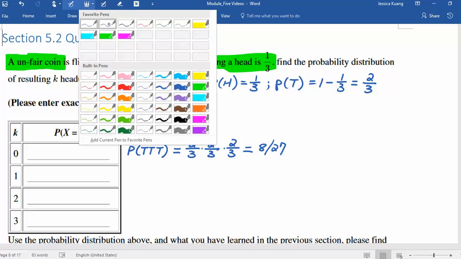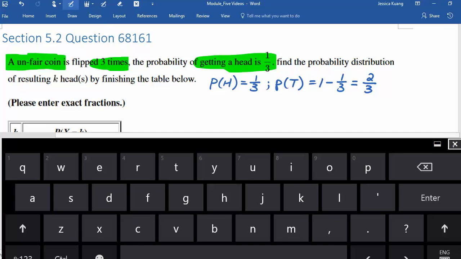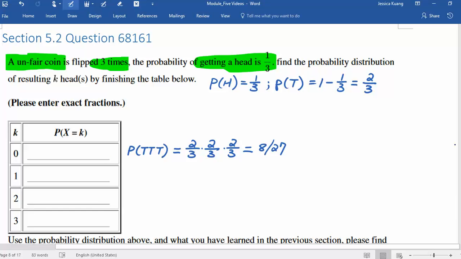Next calculation. We would like to know the probability of getting 1 head. 3 ways we could get 1 head. One is getting a head at the first toss, and then 2 tails. Another one is getting a tail, getting a head, and getting a tail, plus the probability of getting a tail, and getting a head.